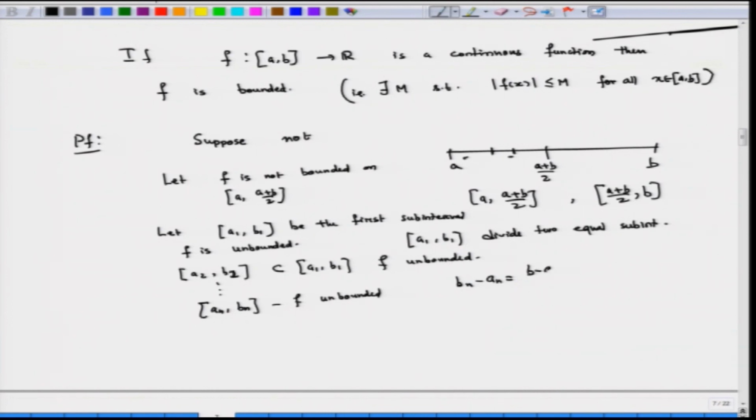So, this is (b minus a)/2 to the power n. This is what we have got. Now, we consider all the left endpoints a1, a2, a3, and so on, with a = a1 in this case. Now, this is a bounded set, contained in R.